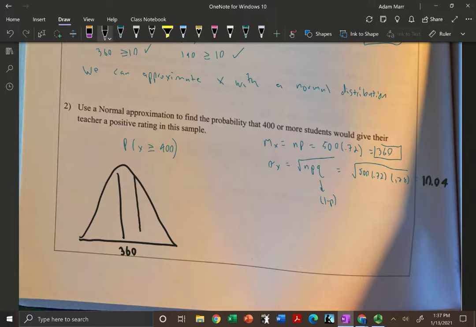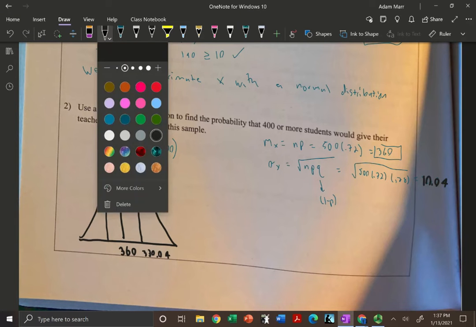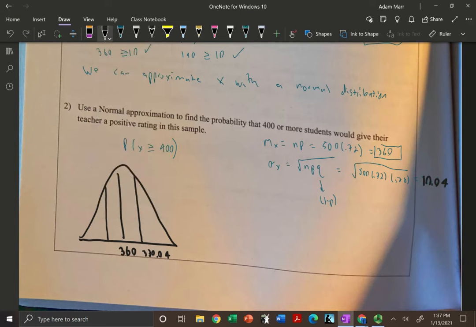So 360 plus 10.04 is 370.04, and 360 minus 10.04 is 349.96. Now we're trying to find the probability that X is greater than or equal to 400. So 400 is about right there.